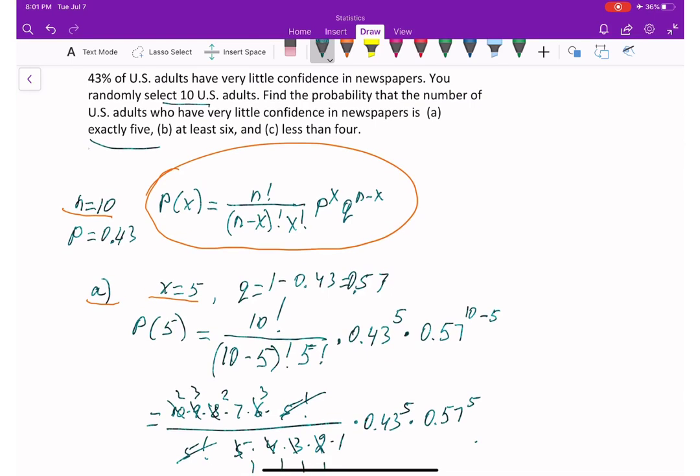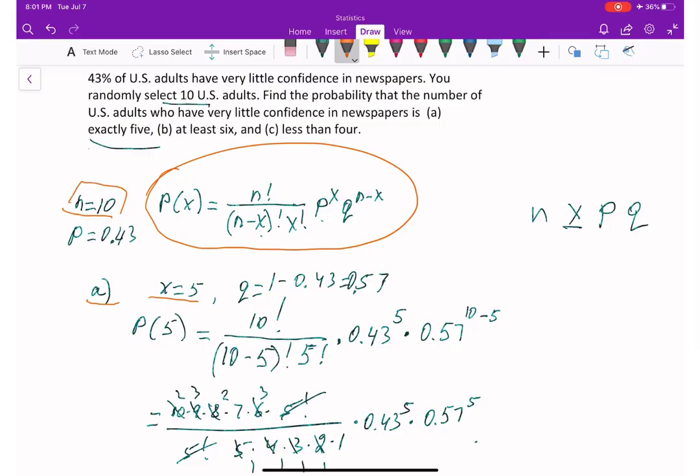If we have 5, what do we need? We need to know N, we need to know X, and we need to know P and Q. Let's see what we have, what we don't have. N, we said it's equal to 10. Okay, we have it.